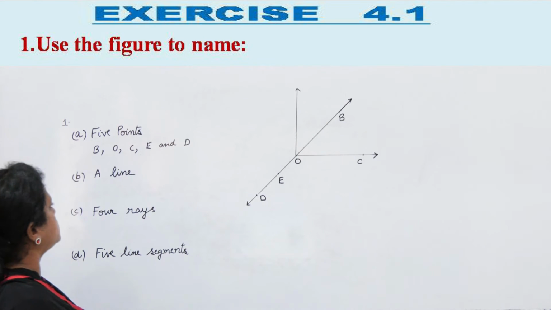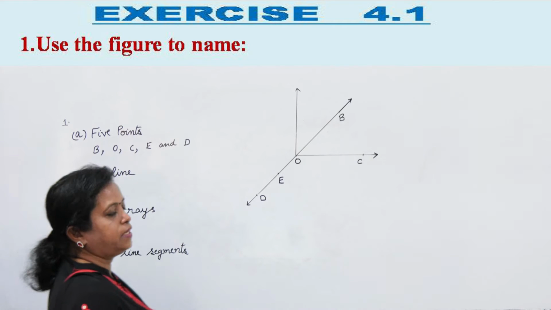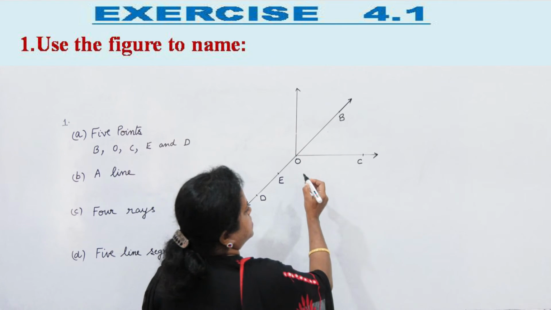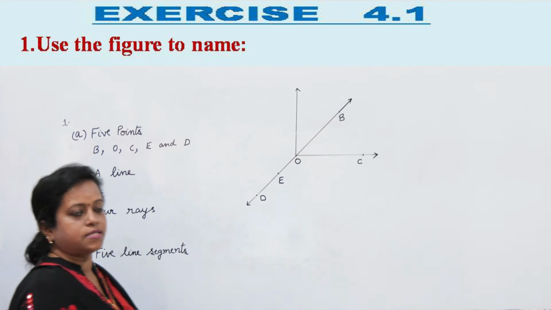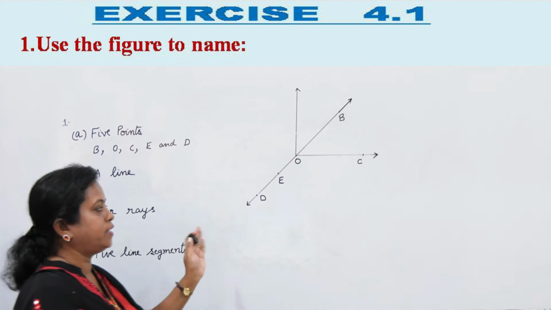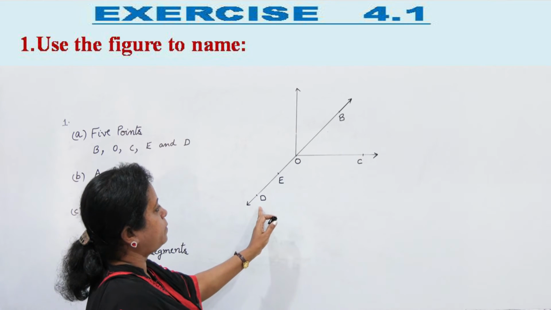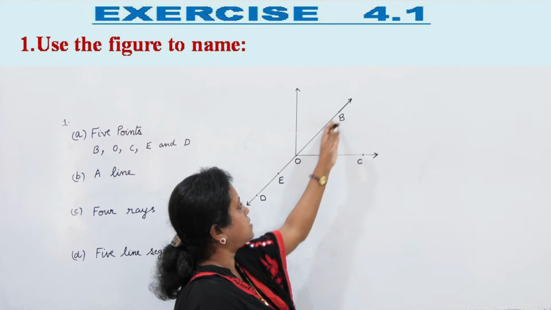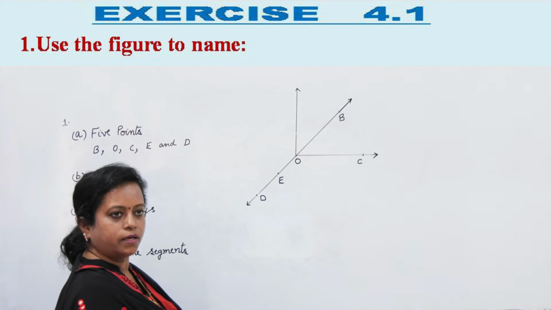The second question is, you have to name a line. Now you can see, a line is represented by using a double-headed arrow. So here you can see that if you name this as DB, or name it as EO, this will represent a line.